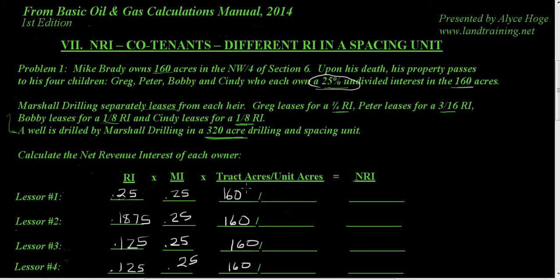And so you say, well, why don't we divide this by 25 to show their mineral interest? Well, that's captured here in this part of the formula. And by keeping it separate, it helps you know if there's a mistake where you can go back and look at it. So 160 over 320 is the drilling and spacing unit, 320.